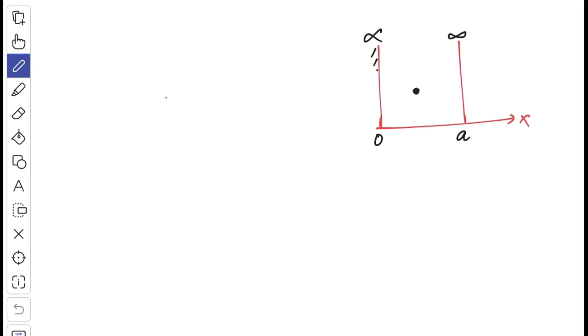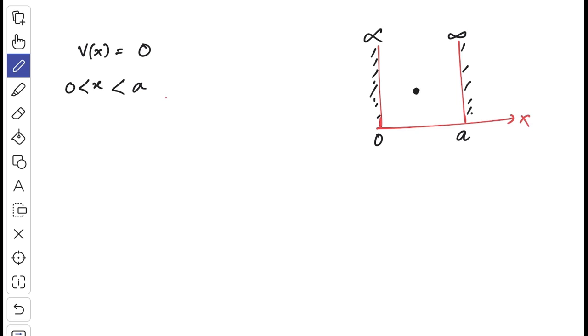Now you see the potential inside the box, V(x) inside the box is 0, for x greater than 0 and less than a.